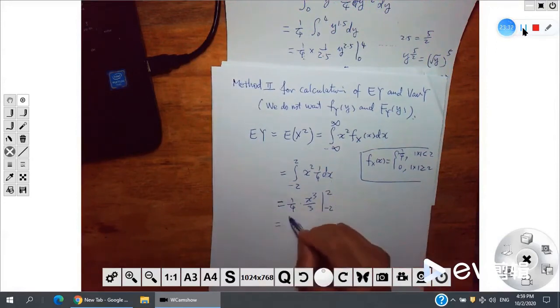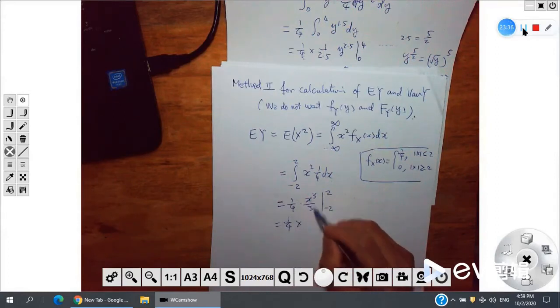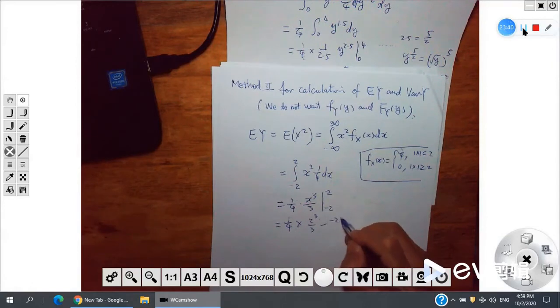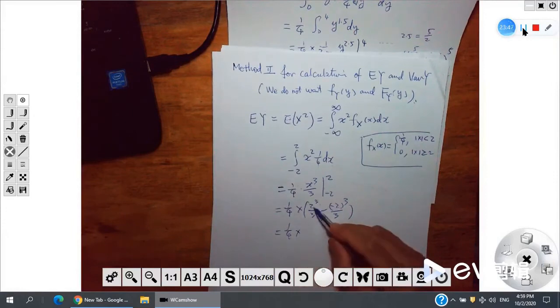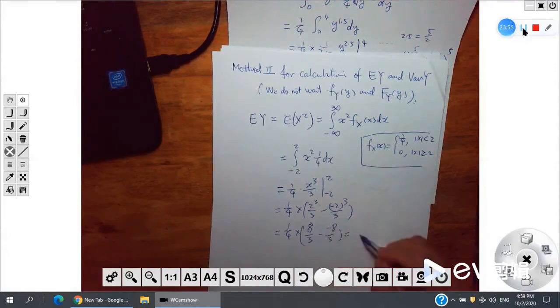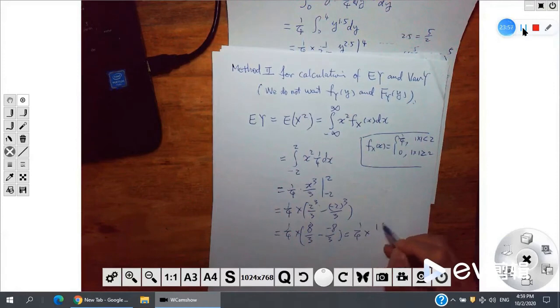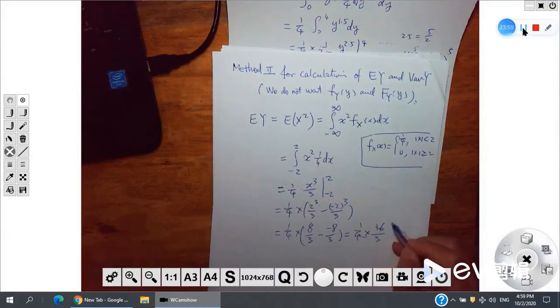So this is 1/4 times 2 cubed over 3 minus negative 2 cubed over 3, which is 8 over 3 minus negative 8 over 3. It's a plus, so this is 2 of 8. So 1/4 times 16 over 3, and I cancel these, I get 4 over 3.